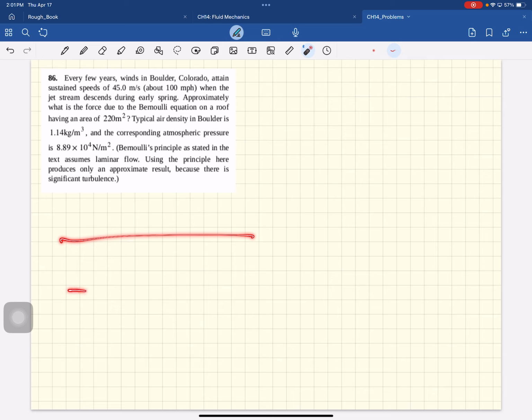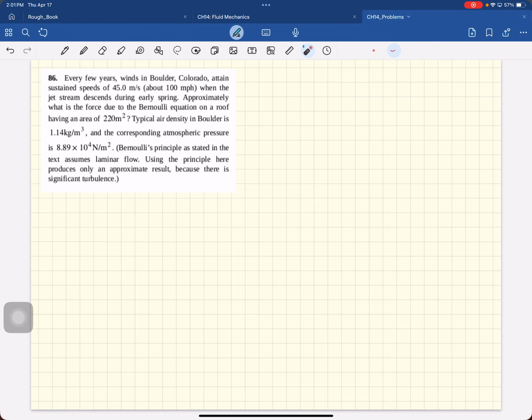These rivers are maybe 3 kilometers across, and this air is flowing anywhere from 100 to 200 miles an hour.